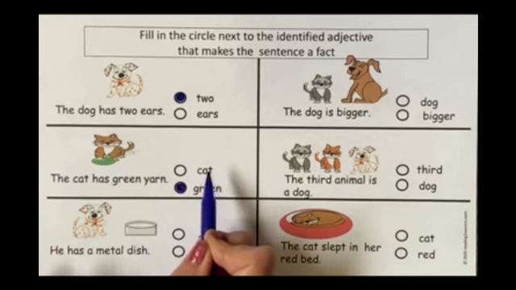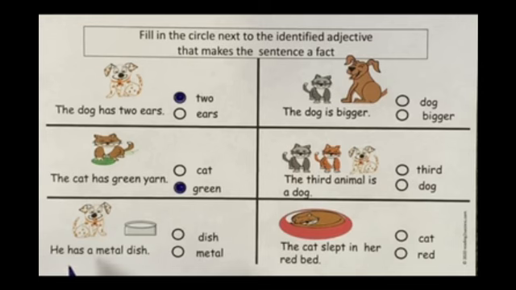Let's go down to our next sentence. He has a metal dish. We could touch it, pick it up, and see that it is metal. It is not plastic. So metal tells the type or the material, actually, the material that the dish is made out of. So metal is the fact adjective, and we can identify it.